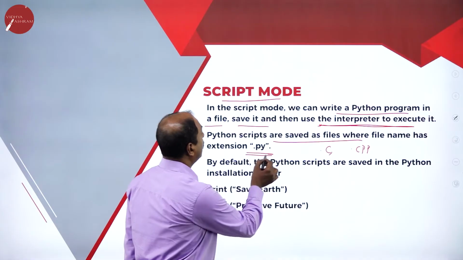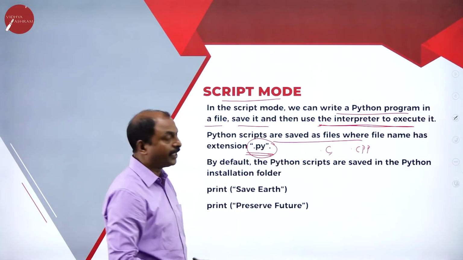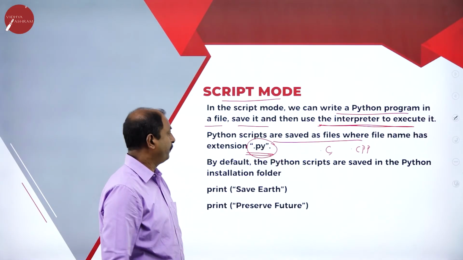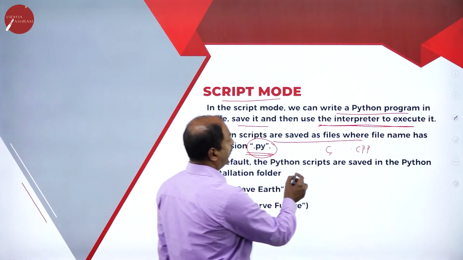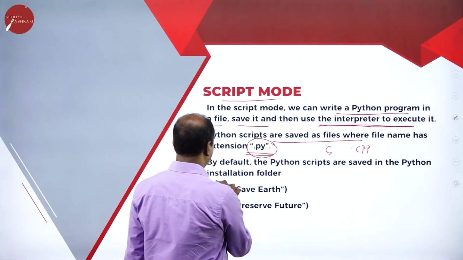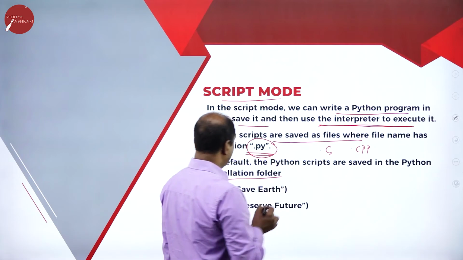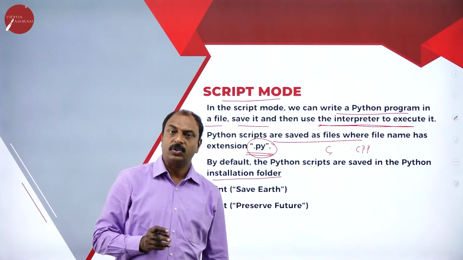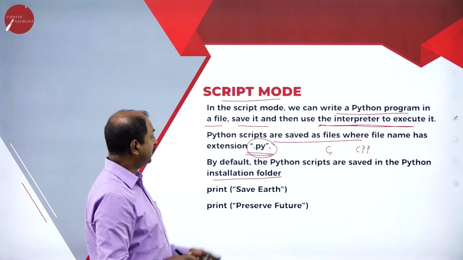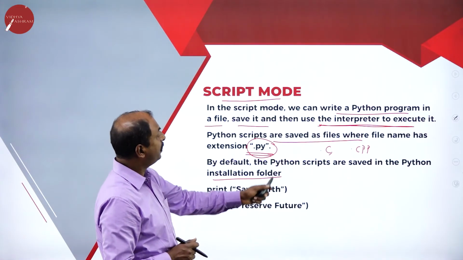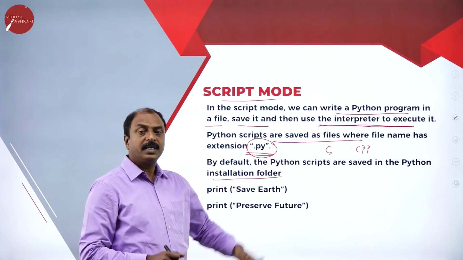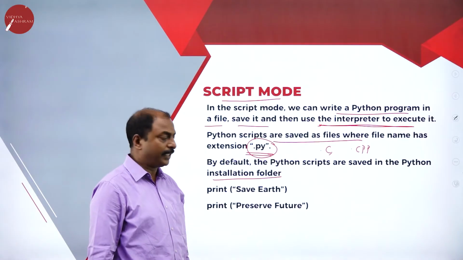Similarly, .py is an extension name of a Python file. By default, the Python scripts are saved in the Python installation folder. Wherever the software has been installed, in the same folder these script mode files of Python are saved.